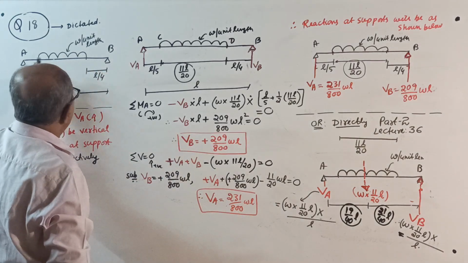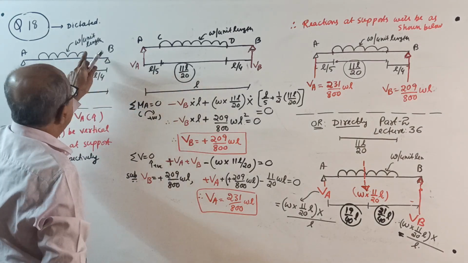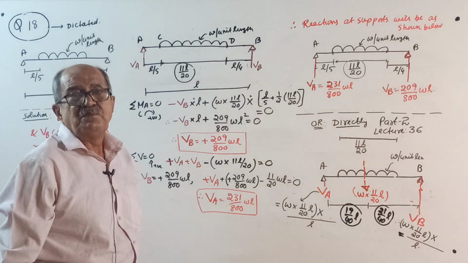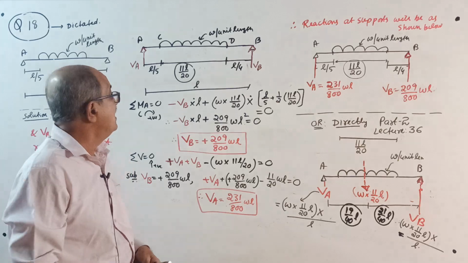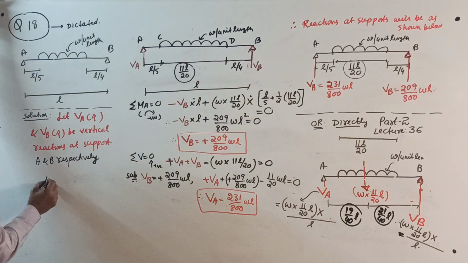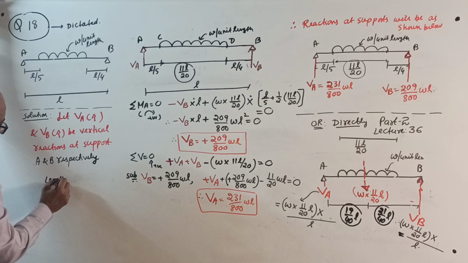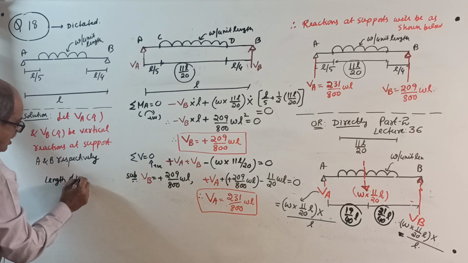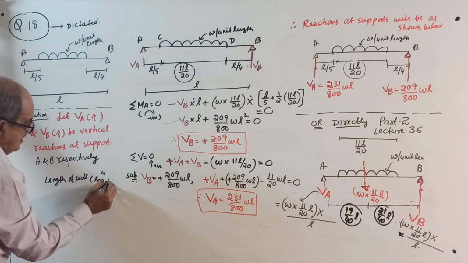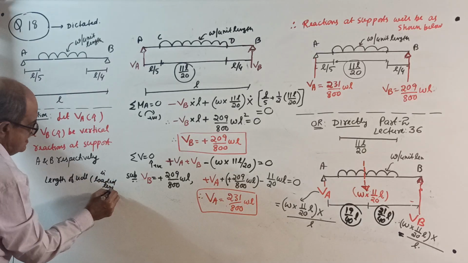A to C is L by 5. B to D is L by 4. They have not given the length of UDL. Therefore, write here, if you want, length of UDL, which is also called loaded length. I told you that is called loaded length.